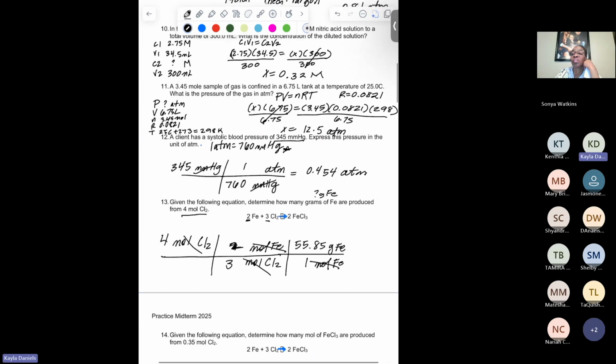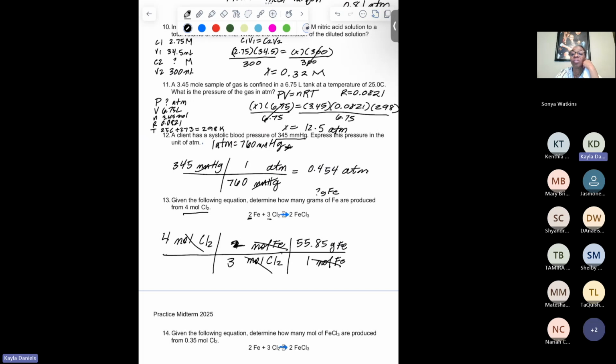Now I'm out of moles and into grams, and I can plug and chug into my calculator. How I personally type it, I would do 4 times 2 times 55.85 divided by 3, then equals.